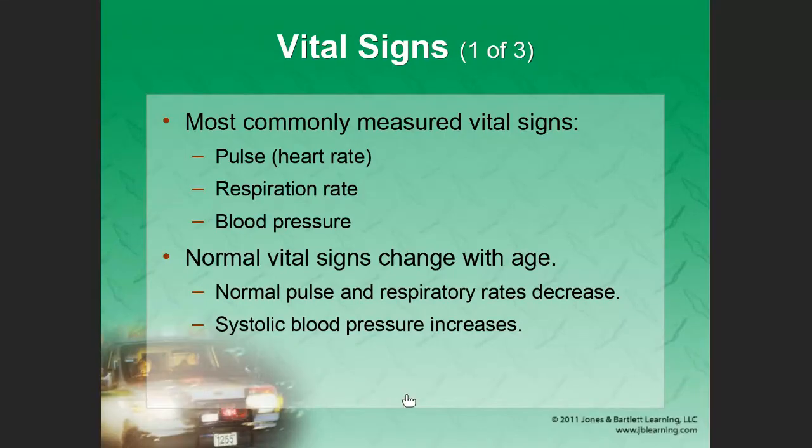Now, do not use a rate alone to determine if something is seriously wrong with your patient, right? You have to look at the patient presentation as well. For example, a person can have a pulse rate below 60 and nothing is wrong with them.